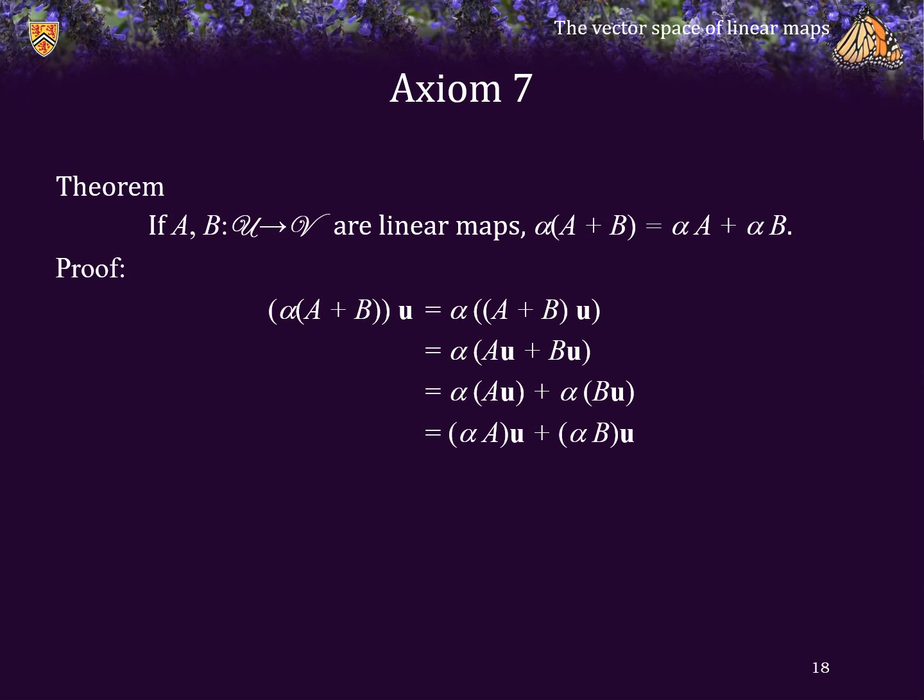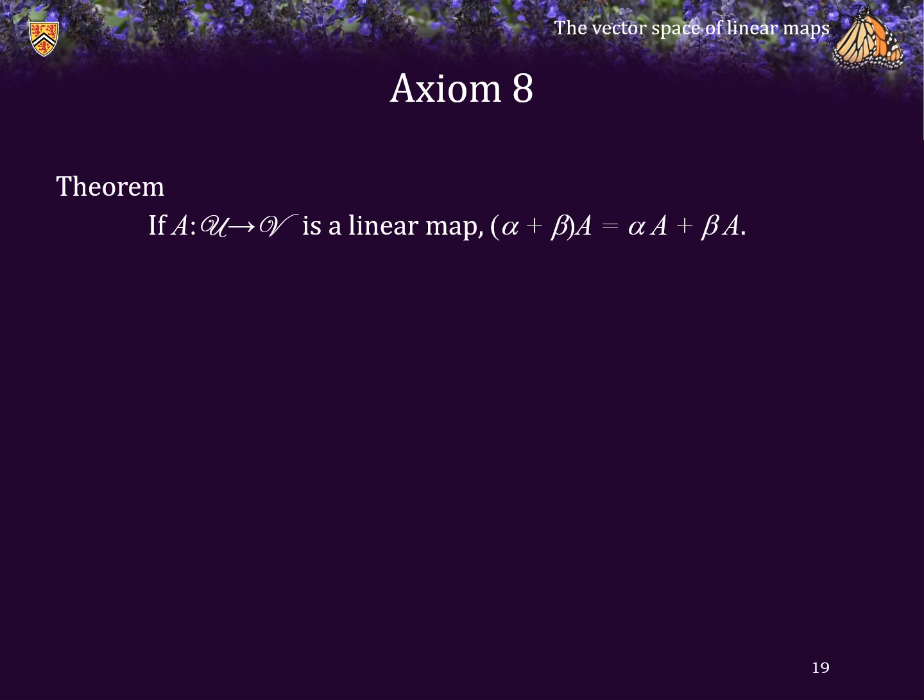And consequently, as we have the sum of two different linear maps applied to the same vector, that's just equal to the sum of those two maps, by definition, applied to u. Thus, alpha times (A plus B) is equal to alpha A plus alpha B when applied to each vector u in the vector space U, and thus these two linear maps are equal.